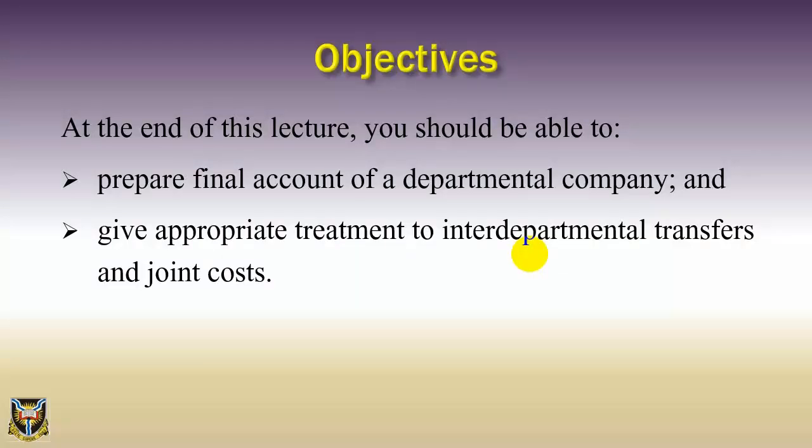Purchases: Department A, 236,000; Department B, 164,000. Sales: Department A, 300,000; Department B, 200,000. Rent and rates 1,008.